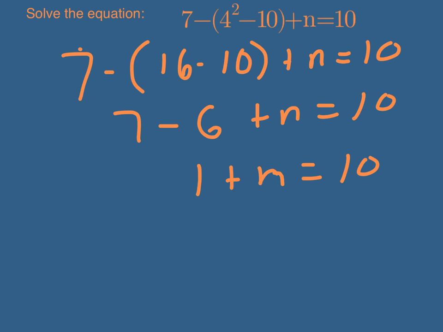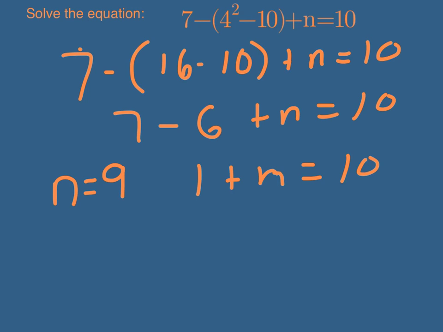Okay, once you get to this point, you have two options. Now you see that 1 plus n equals 10. There's only one number that you can plug into n to get 10 when you add 1 to it. And that would be, of course, 9. So you could just say n equals 9.